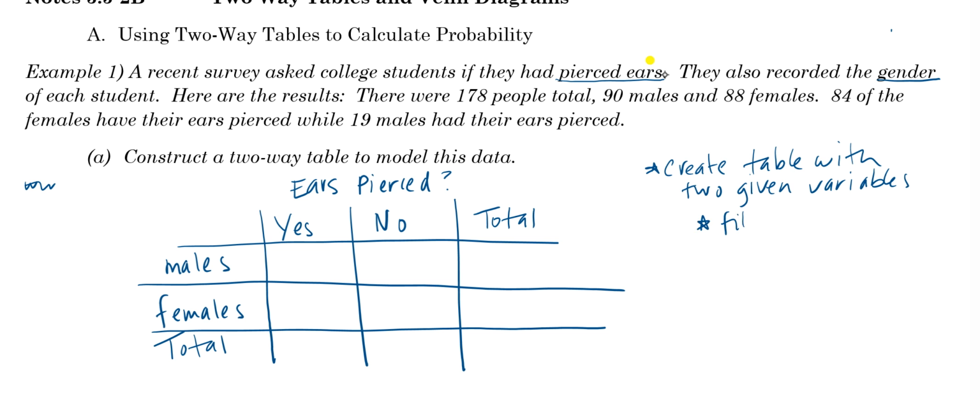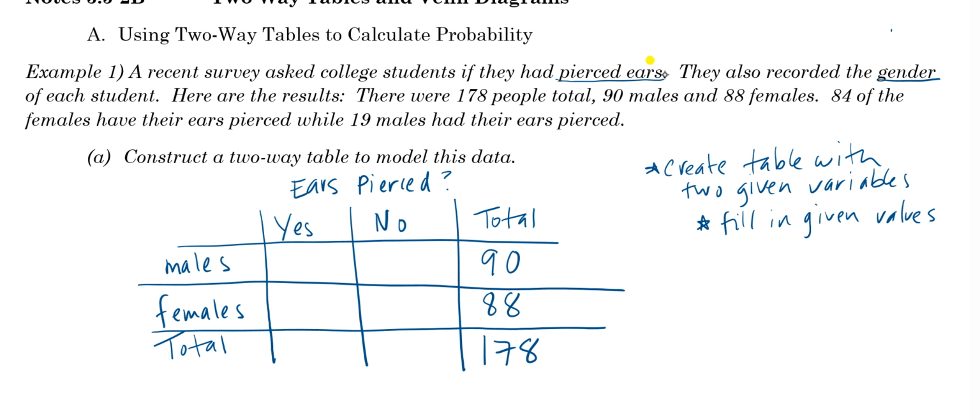Step 2, which we're going to do right now, is we're going to fill in given values. They very rarely will give you all of the values in the table just because it's really annoying to list them. So let's talk about what they do tell you. They tell you that there were 178 people total that they interviewed. So the absolute total should be 178. They told you that we have 90 males and 88 females.